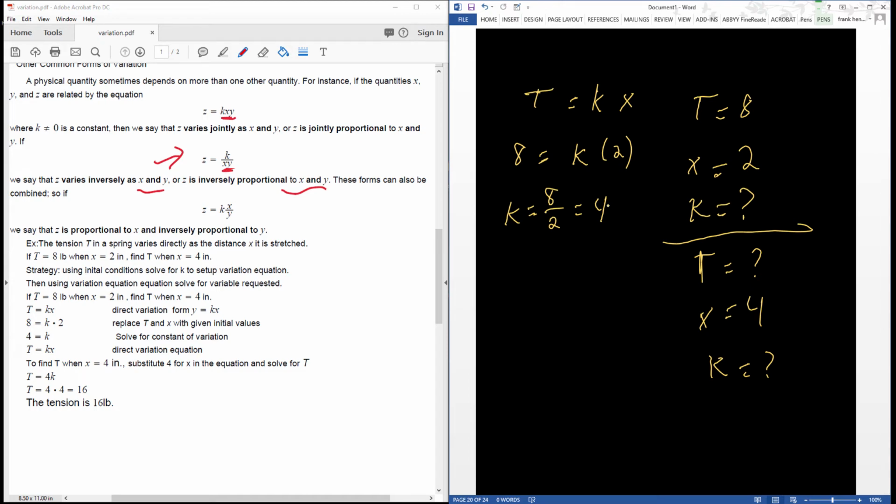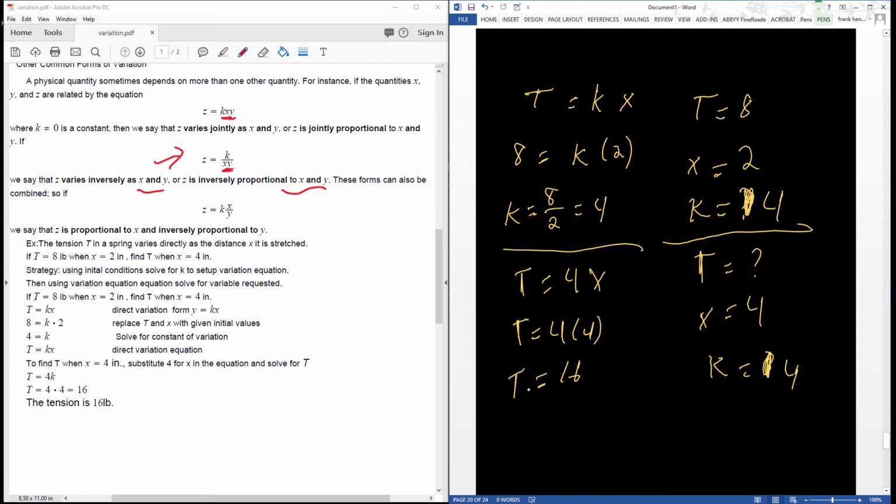So I know what k is now. So k is 4. Okay, so that gives me a model to work with. T is equal to 4x. And they want us to find T when x is 4. So in this case, T is 16. The tension is 16 pounds. And that's our answer.